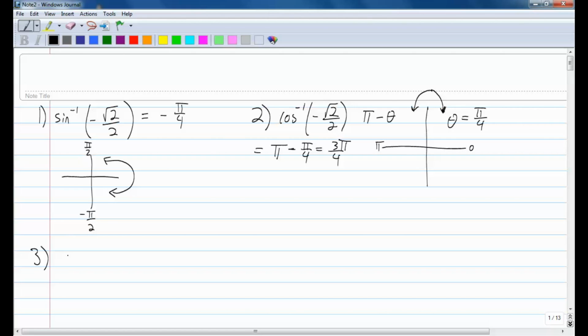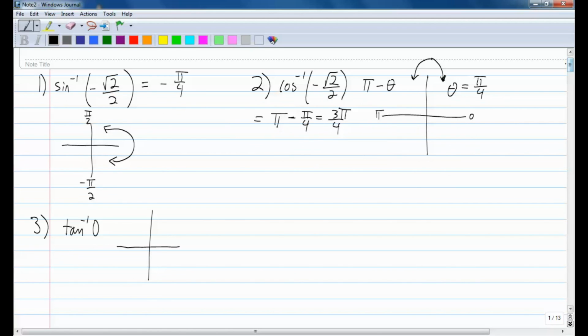The next problem is the inverse tangent of 0. So inverse tangent is defined similarly to inverse sine. It's defined between negative pi over 2 and pi over 2.